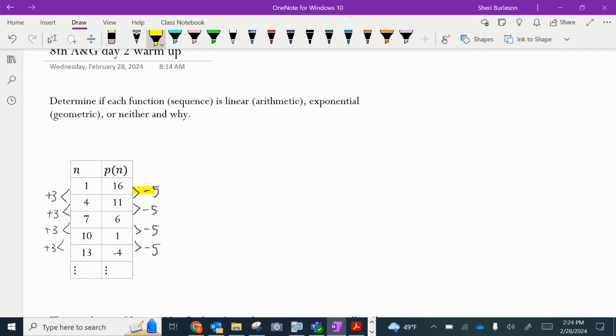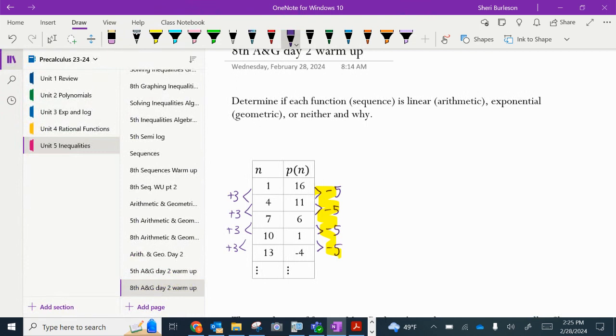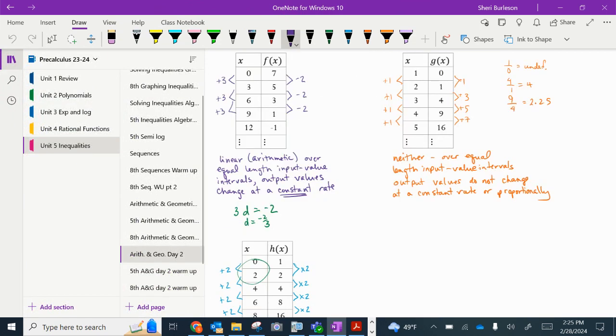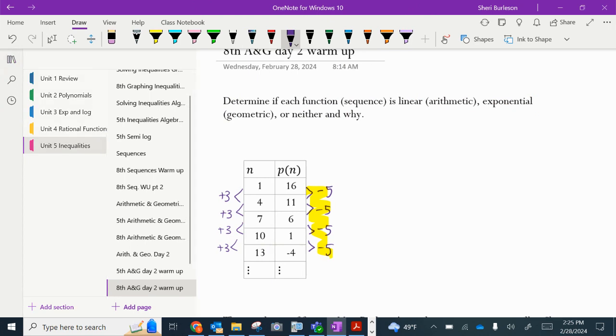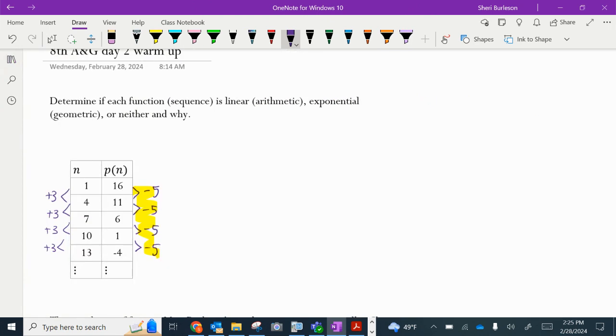Now, this part right here, regardless of how much these intervals are increasing, is enough for us to say linear or arithmetic, because we had this language: over equal length input value intervals, the output values change at a constant rate. It doesn't matter what the length of those intervals are to defend that it is arithmetic or actually linear.